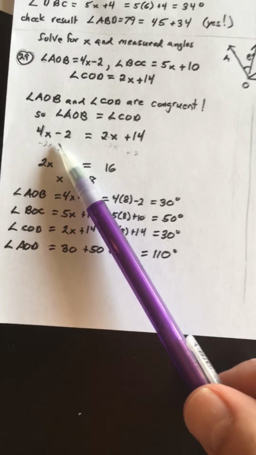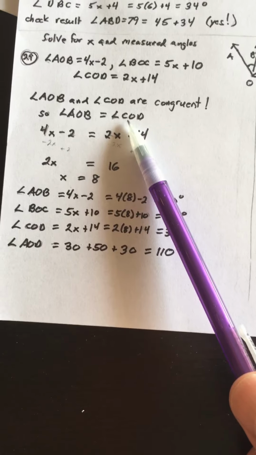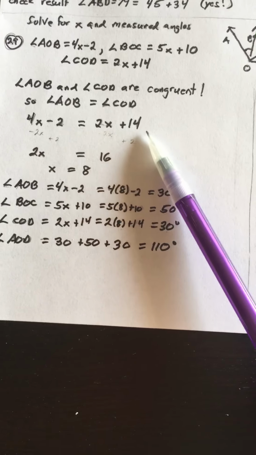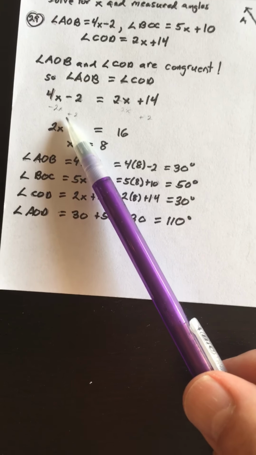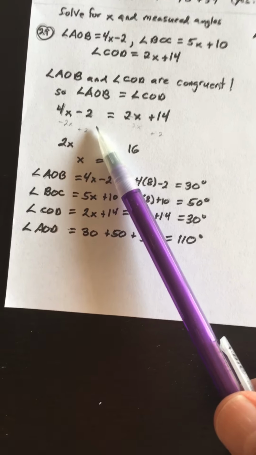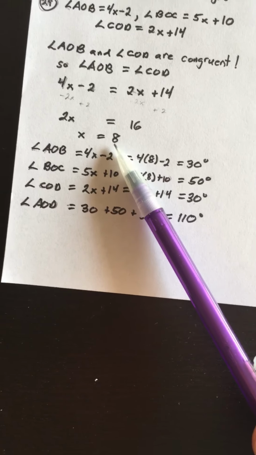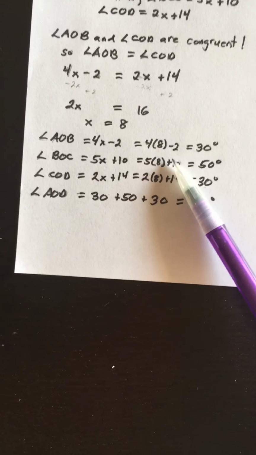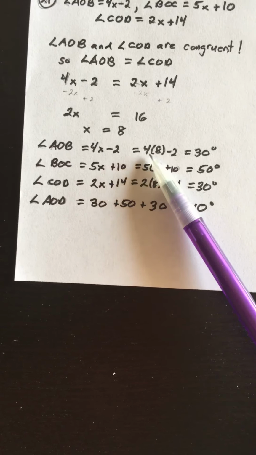So I can now solve for x by saying that the expressions for those two angles are equal. 4x minus 2 is equal to 2x plus 14. Combining the like terms again by subtracting 2x and adding 2 to each side, I get 2x equals 16, or x is 8.